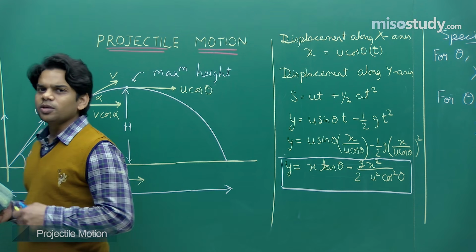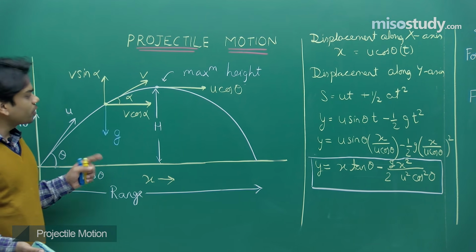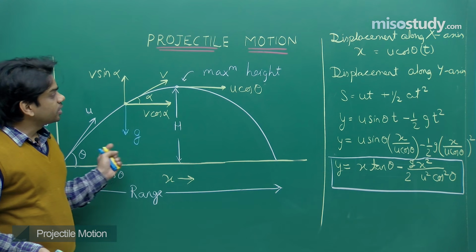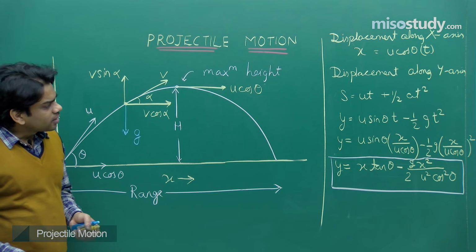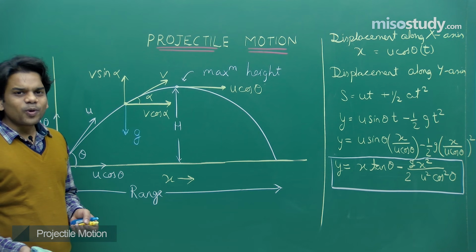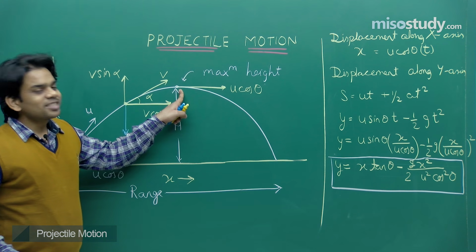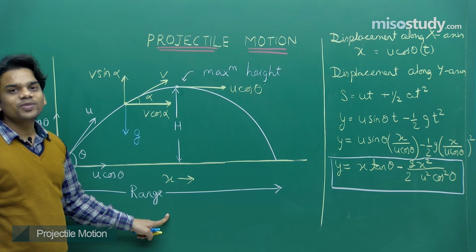So this was all the basics of projectile motion, and we have derived all the things related to projectile: maximum height, range, time of flight, and we also found the equation for the trajectory of the particle. Now one more thing, let me tell you: the time taken to reach the highest point will be just half of the time of flight.